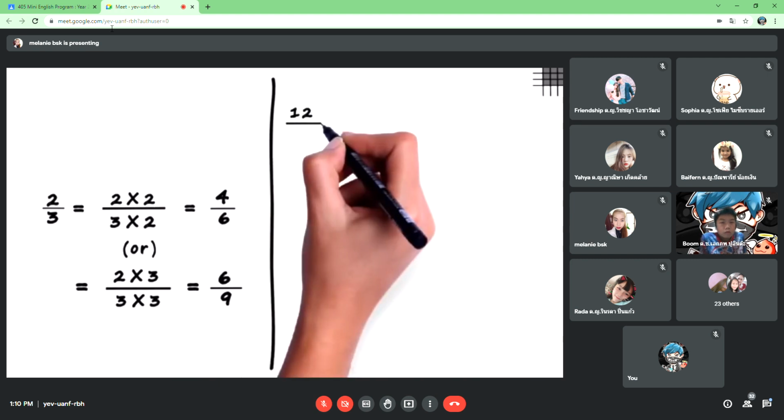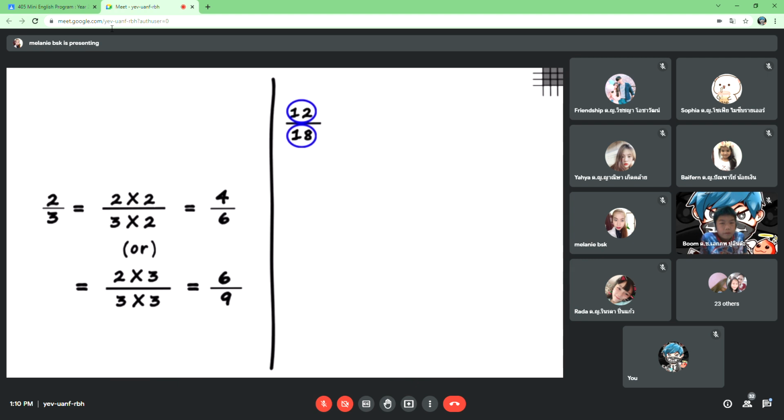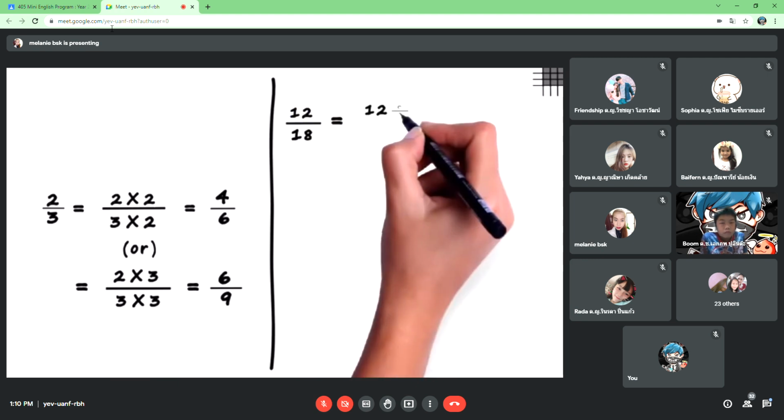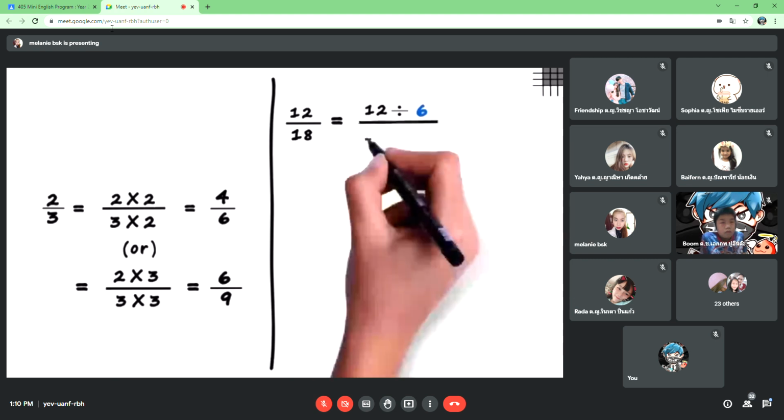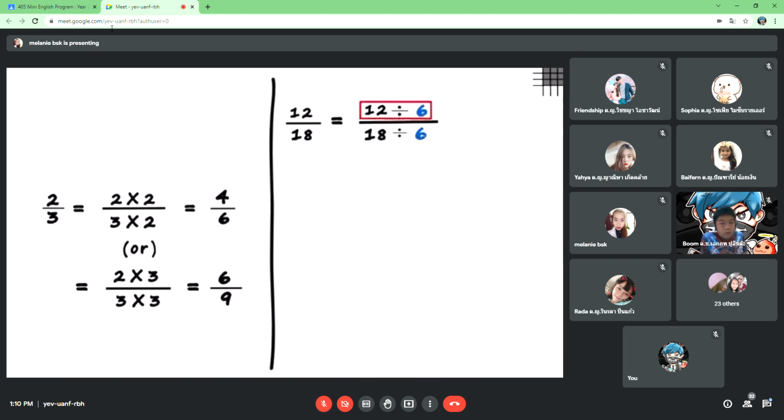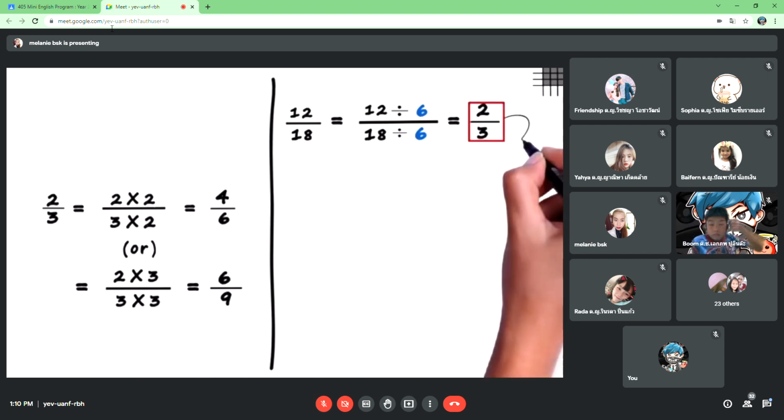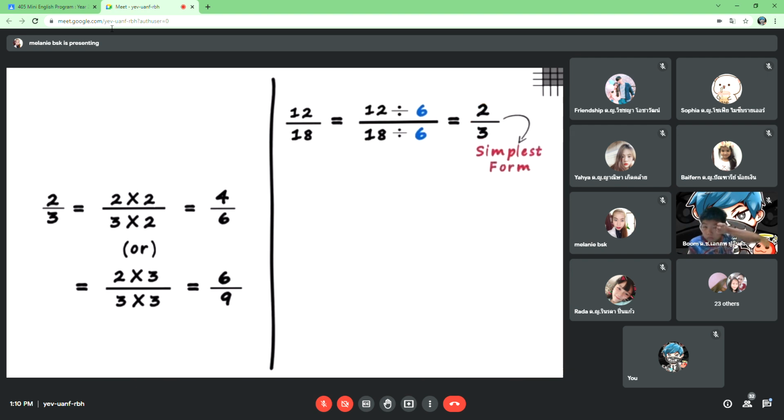We can divide the numerator as well as the denominator by 6. The numerator will be 12 by 6 and the denominator will be 18 by 6. 12 by 6 is 2 and 18 by 6 is 3. 12 by 18 and 2 by 3 are the same. And this 2 by 3 here is called the simplest form. It means that this fraction cannot be reduced further.